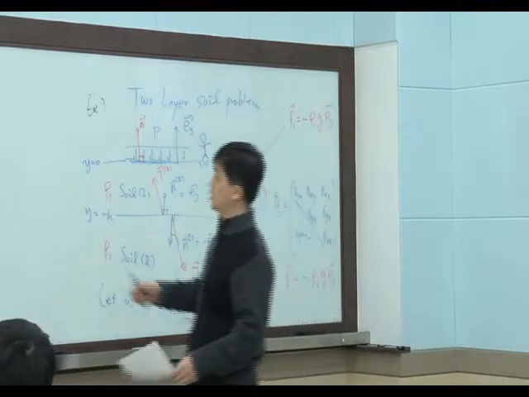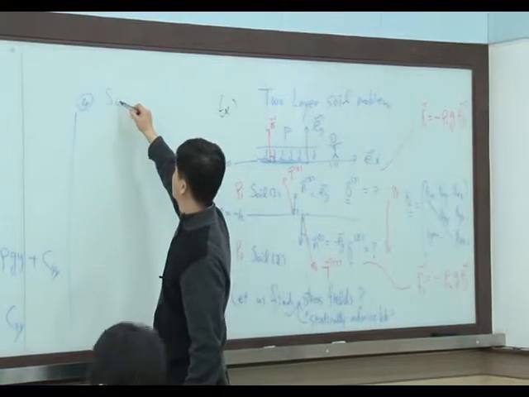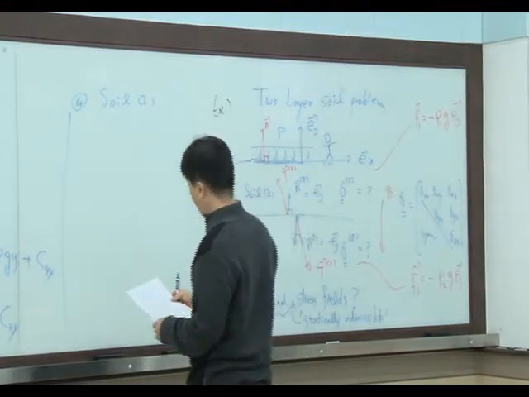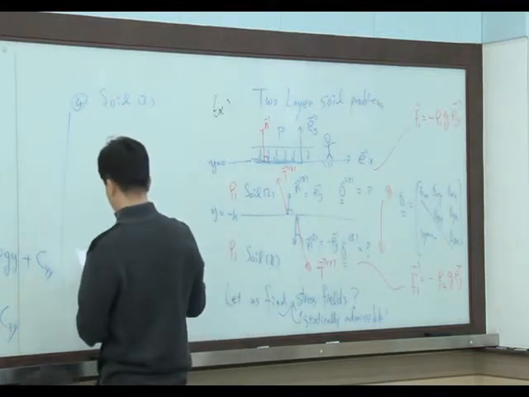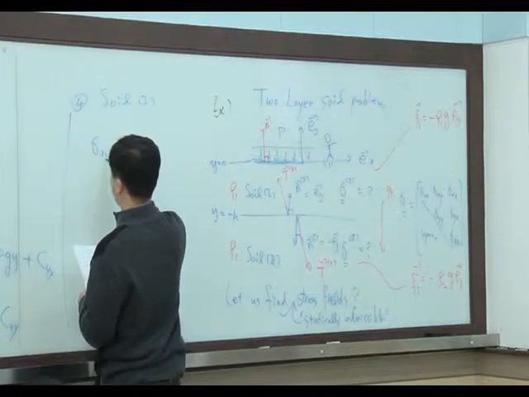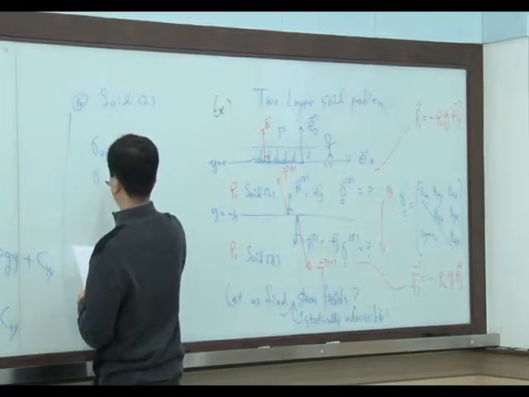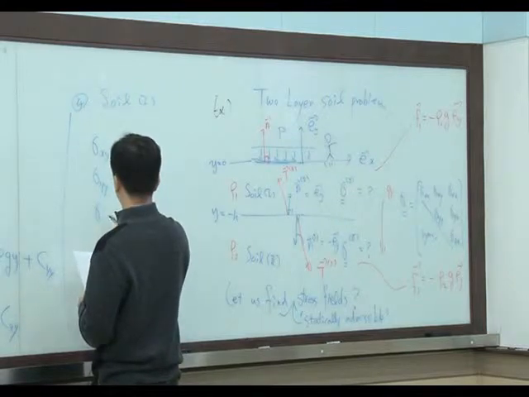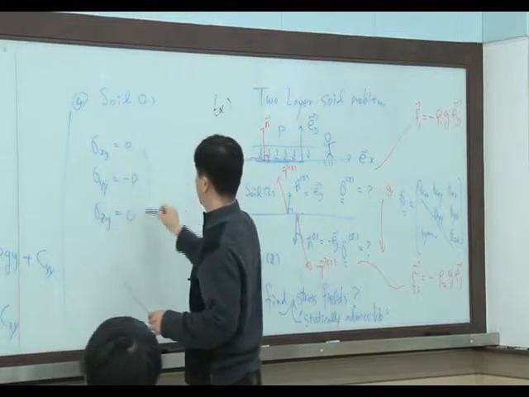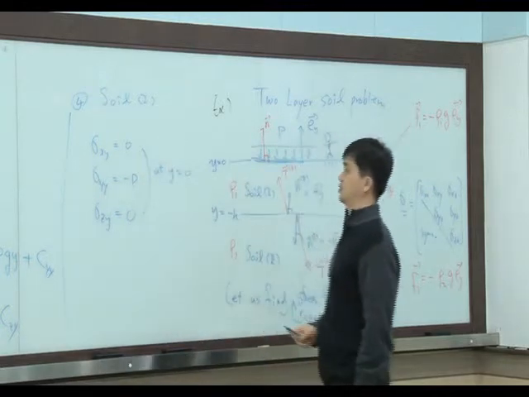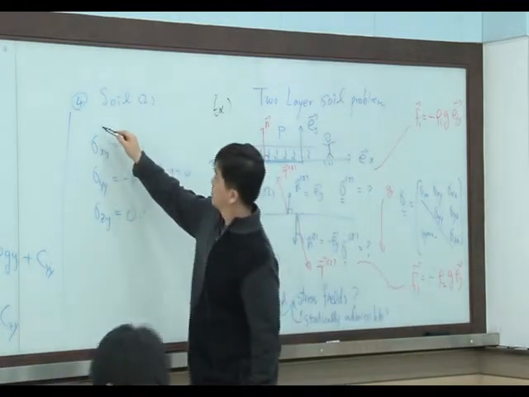So for example, for soil layer 1, we can use xy equals 0, yy equals minus p, gy equals 0 at y equals 0. Let's use this for soil layer 1.